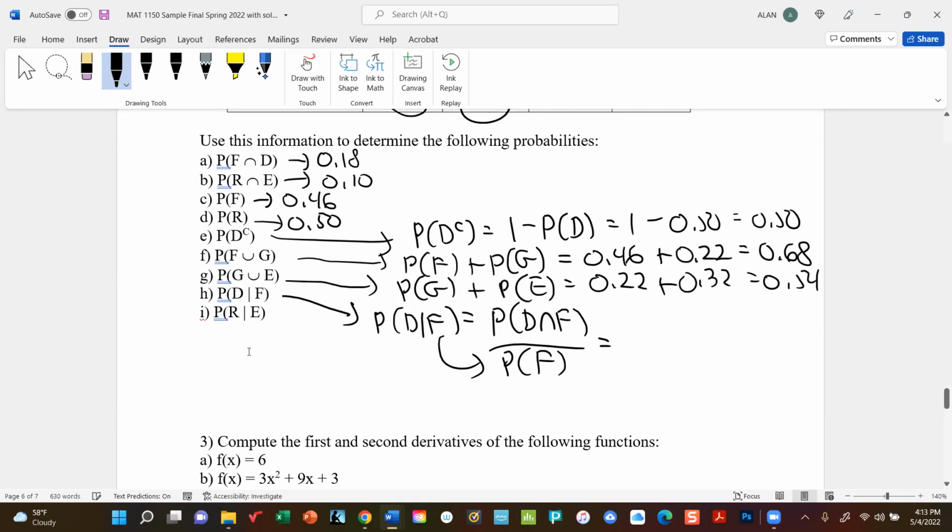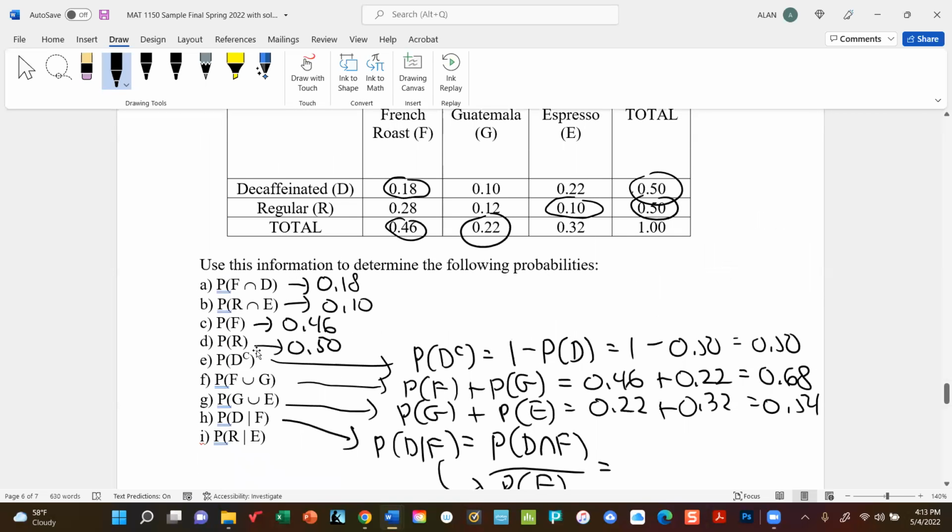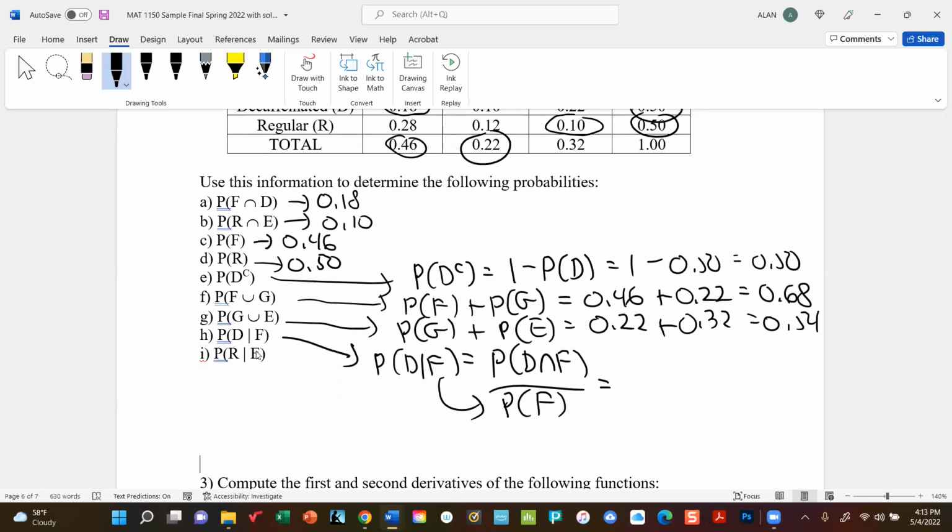So D and F is French roast decaf, which we've already seen is 18%. And F is just French roast, which we've already seen is 0.46. So this ratio, let me just round that, is about 0.3913.